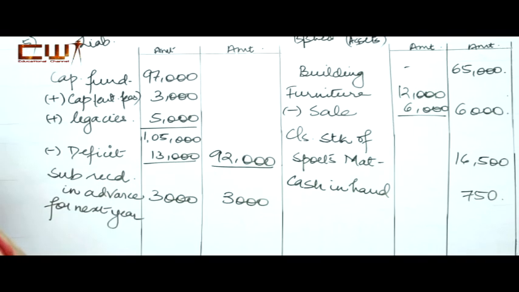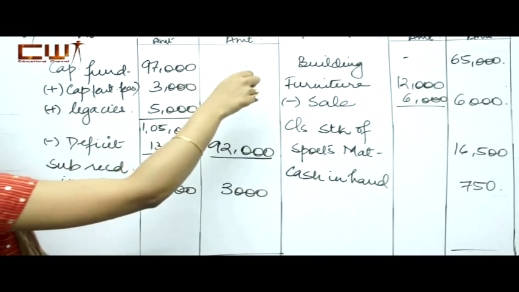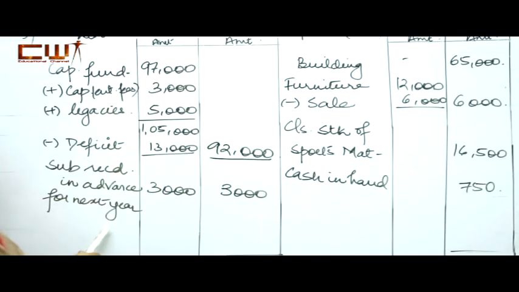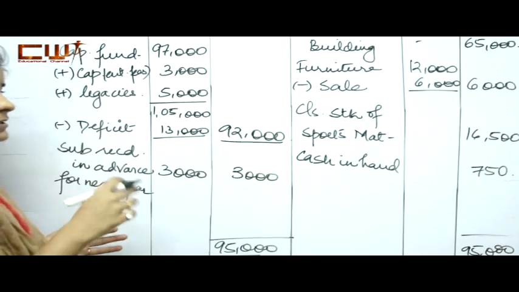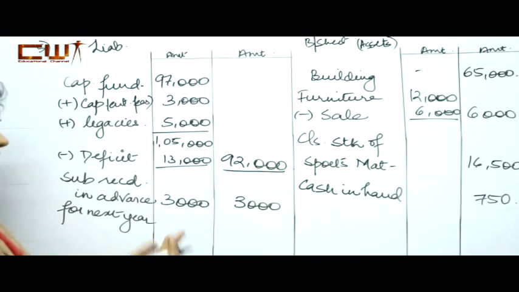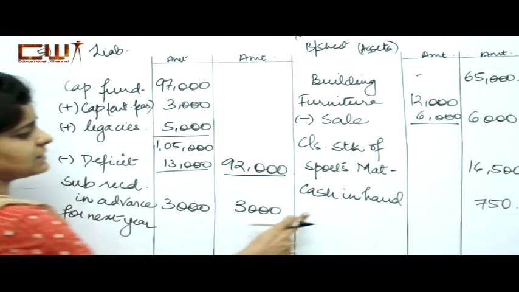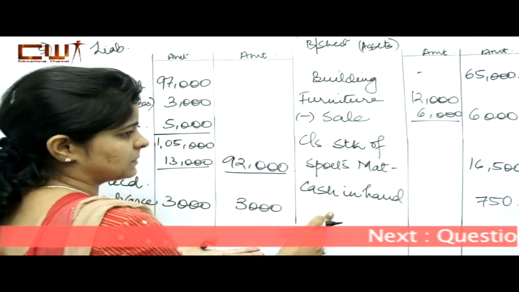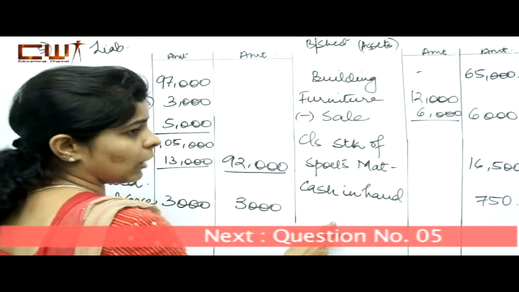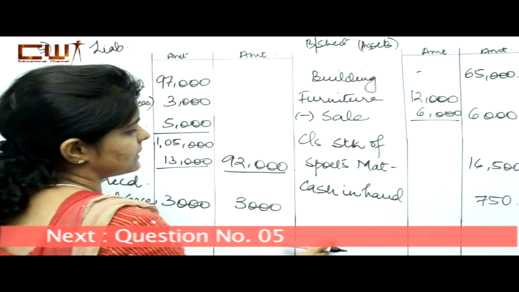As I told you earlier also, all the outstanding expenses will come on the liability side, and all the pre-received incomes, that is incomes that have been received in advance, will come onto the liability side. Similarly, all prepaid expenses will come on this side, and outstanding incomes will come on this side, right?